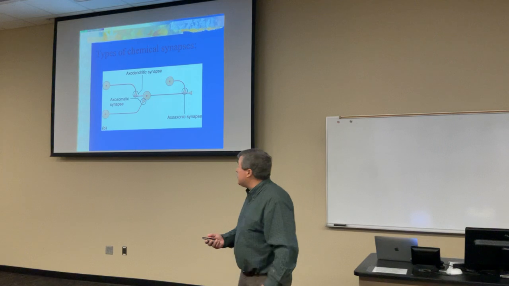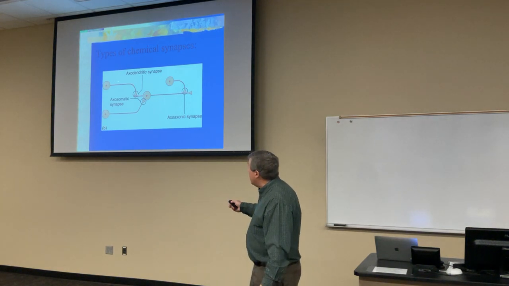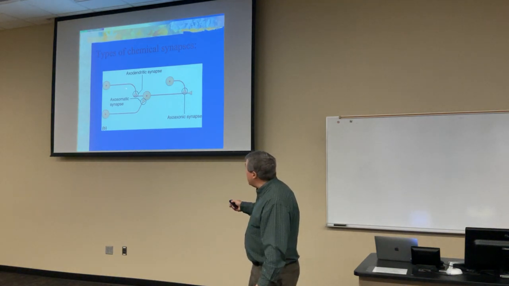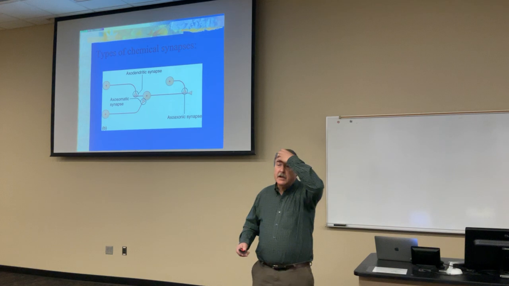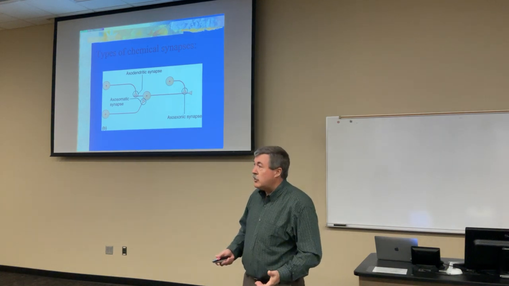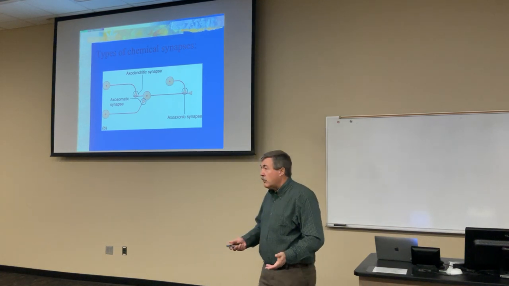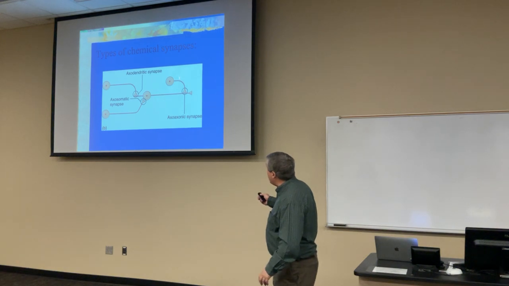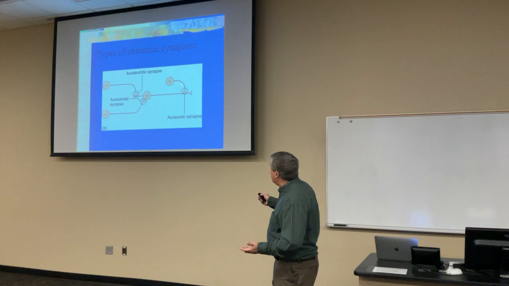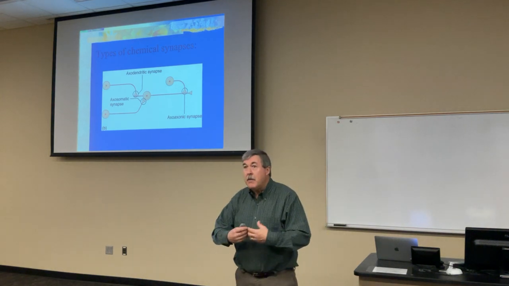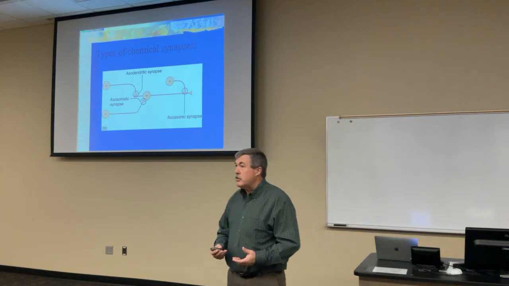So this is one way in which neural integration can occur. And it's even possible you could have an axodendritic synapse which is going to determine whether this postsynaptic neuron even produces an action potential at all or not. And then you could also have a second presynaptic neuron that produces an axo-axonic synapse, and that can modify the amount of neurotransmitter that's produced.